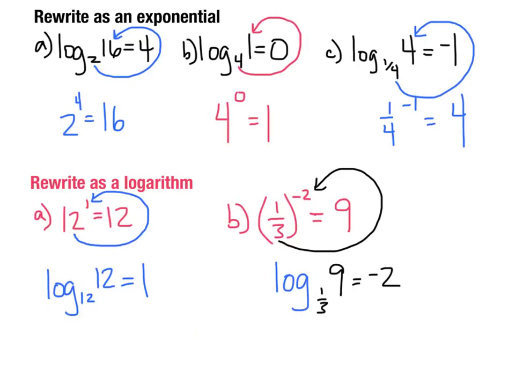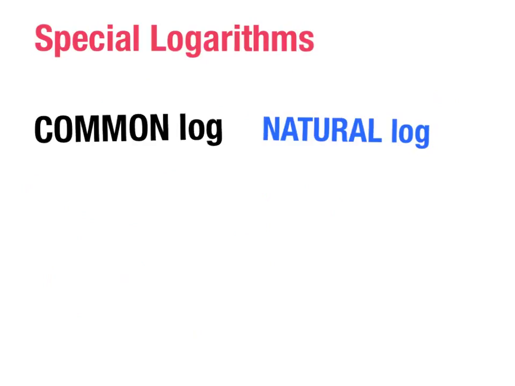Let's talk about evaluating. Actually, before we talk about evaluating, I really quickly want to talk about common log and natural log. A common log is a log with base 10. Since that happens so often, you don't have to write the log base 10.